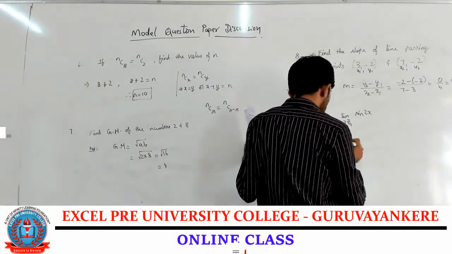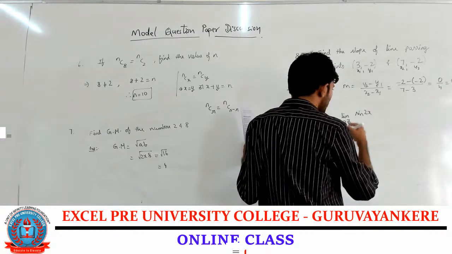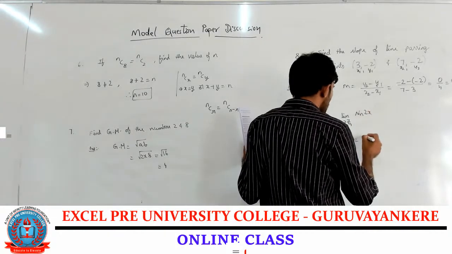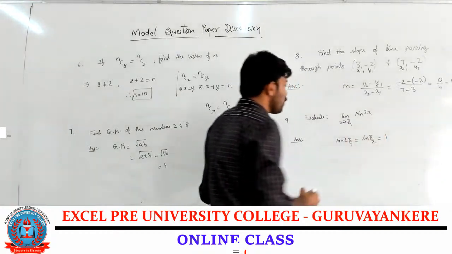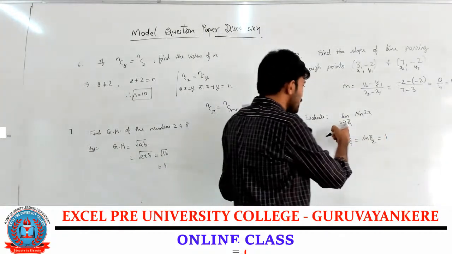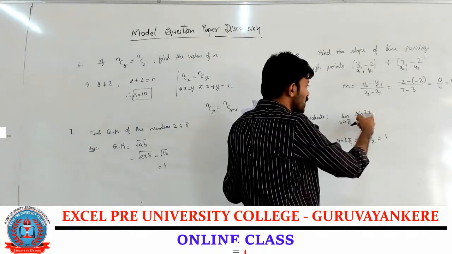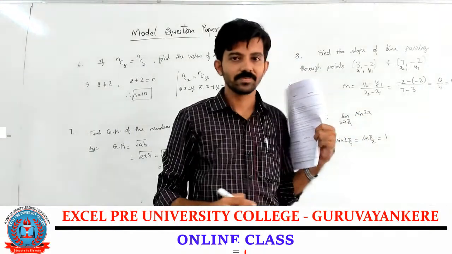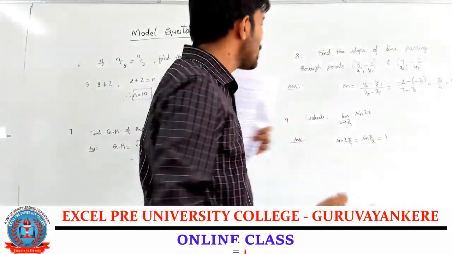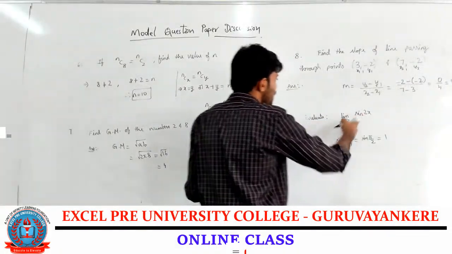Sine of 2 into pi by 4. 2 into pi by 4 is pi by 2. Sine pi by 2 is 1. By direct substitution, we can evaluate the limit.